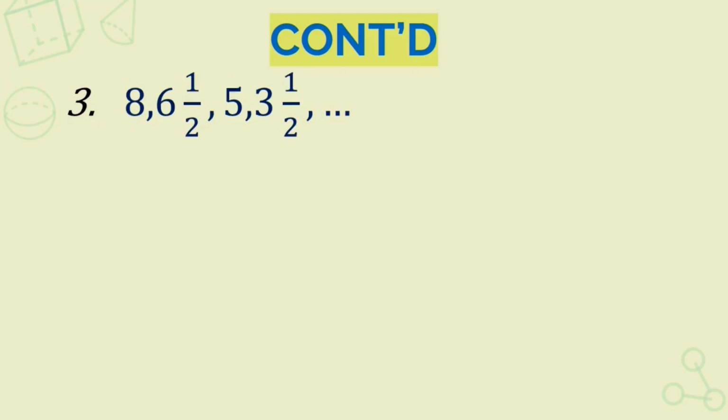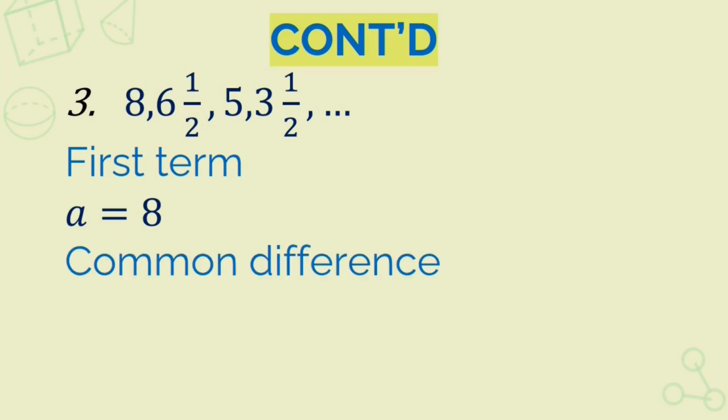Let's look at the third example. In the same way, we want to test and see if this is an arithmetic progression. To do that, we need to know our first term, and the first term, as usual, is 8. So A equals 8. And what is the common difference? In the same way, we subtract the previous number from the next number.